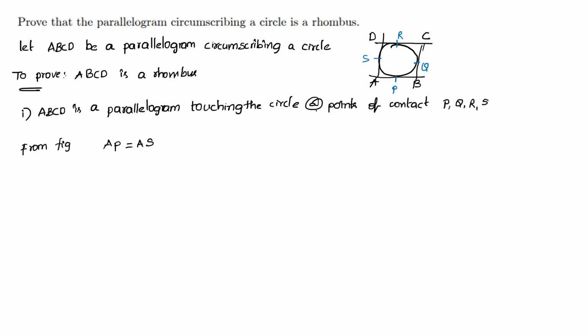AP is equal to AS, and similarly BP is equal to BQ. Similarly CR is equal to CQ and DR is equal to DS.